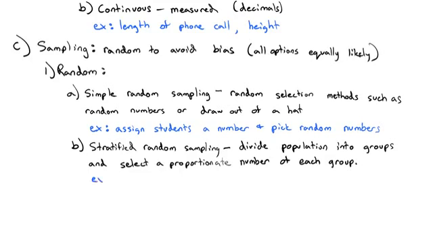Polling is often done this way. The idea is if we randomly survey 100 people or 200 people, we don't want those 200 people to be all of the same political party, otherwise we would get a biased sample.